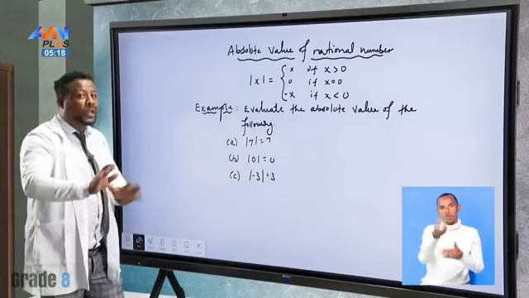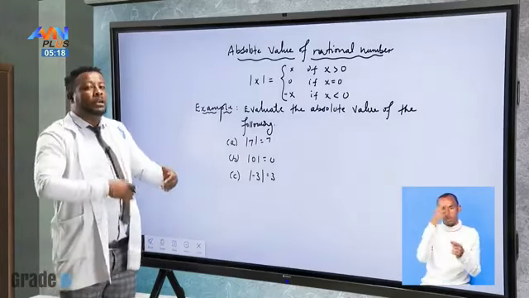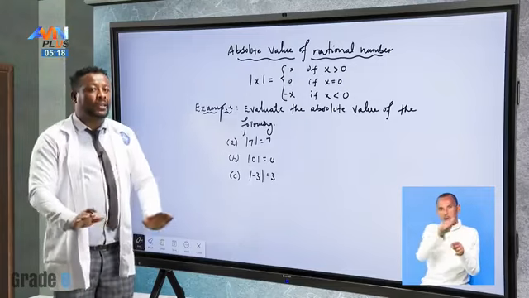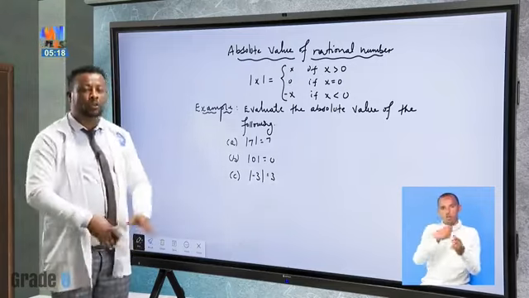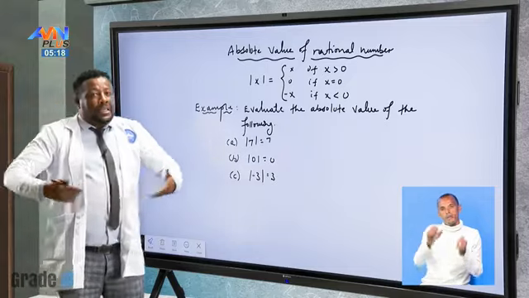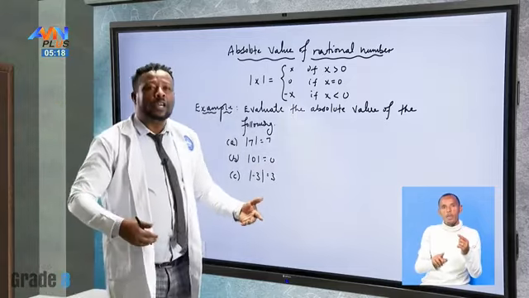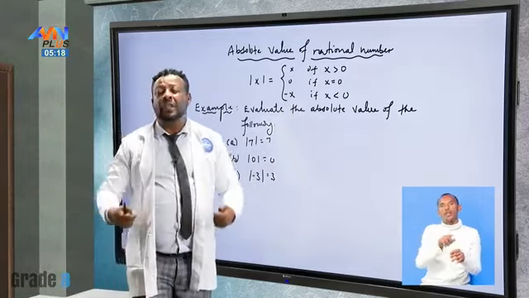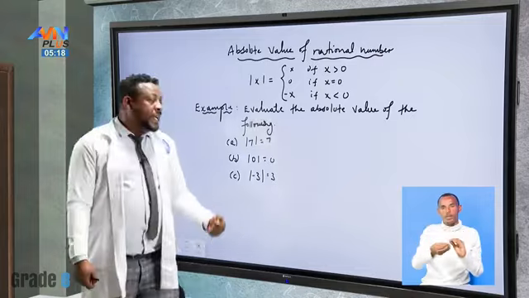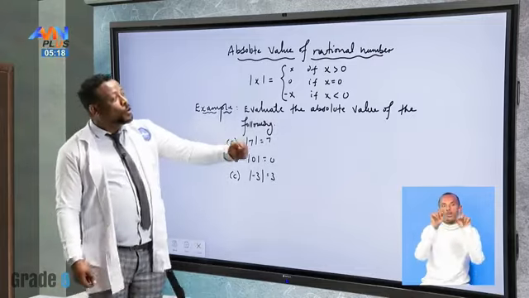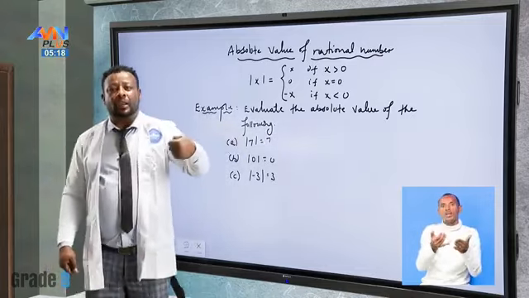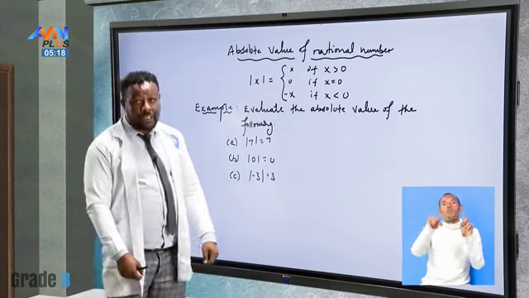The output cannot be negative, because by definition, absolute value of anything is the distance from 0 to some point. Basically, we cannot measure any distance using negative numbers. That's why the output of the absolute value of anything becomes positive.